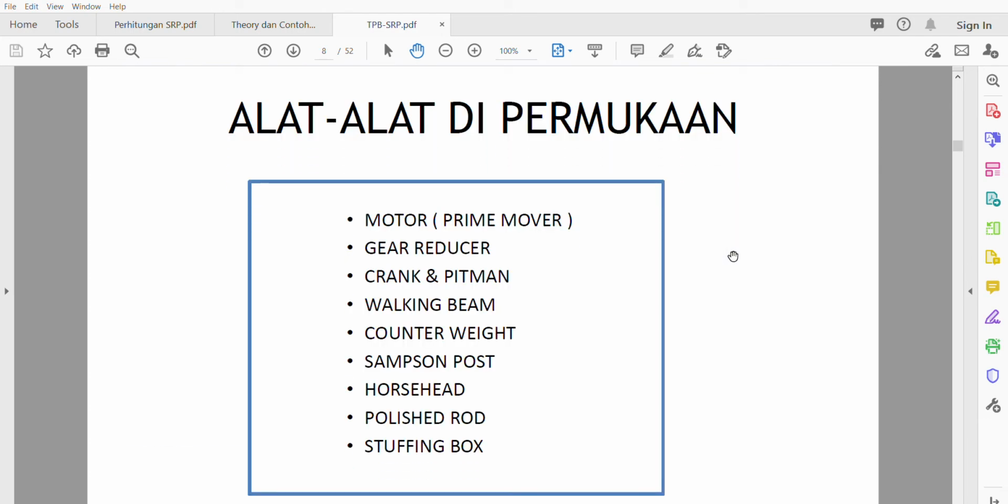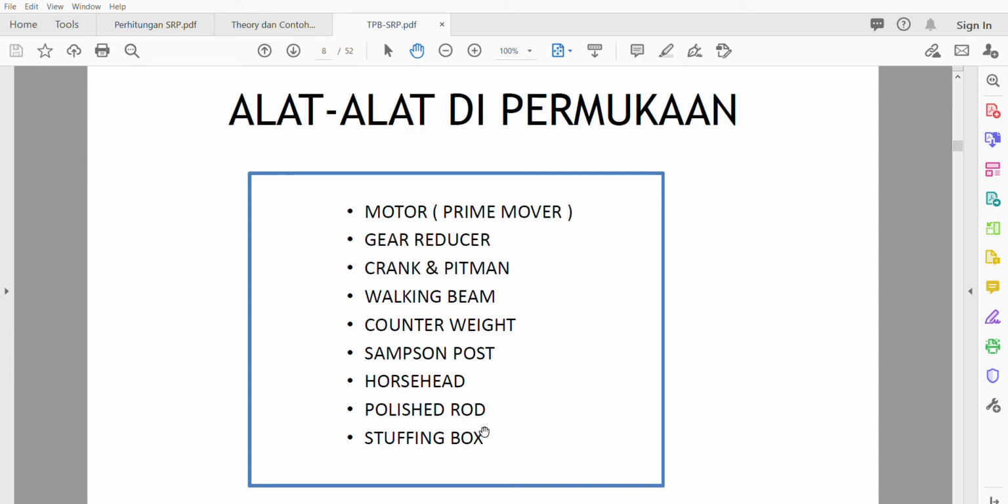Let's say it again. For the surface equipment: the motor, gear reducer, crank and pitman, walking beam, the circular counterweight, Samson post, horse head, polish rod, and stuffing box. The stuffing box is there in order not to have communication between the bottom hole tubing and the surface.